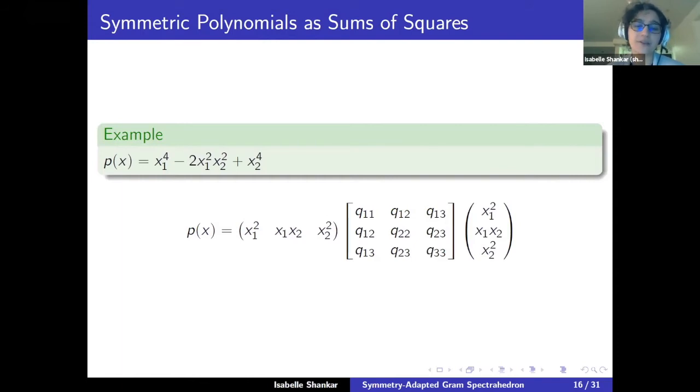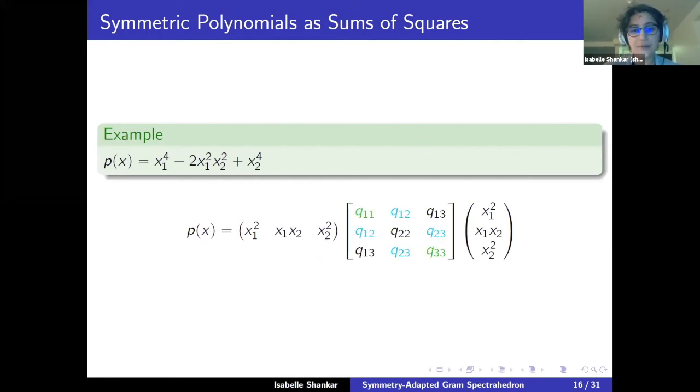What we mean by restricting to the fixed point subspace, in the symmetric polynomial case, is that when we set up this equation from the SOS fact, instead of looking at all positive semidefinite symmetric matrices, we can restrict to the ones that commute with the S_n action, in this case for degree 2 polynomials in 2 variables.